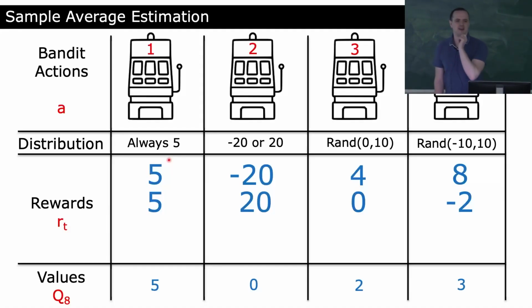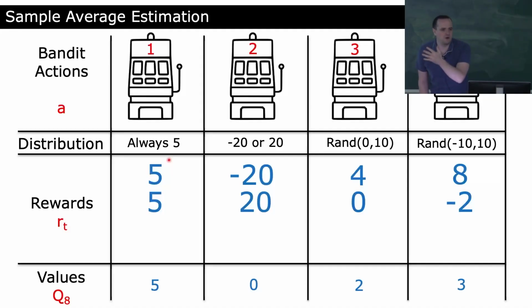Let's say I've pulled that 1,000,000 times and I've gotten 1,000,000 5s, and then that distribution changes to always 1,000, for example. So if I've gotten 1,000,000 pulls and my average is 5, and then I get 1,000, what is my average now? It's still 5, right?